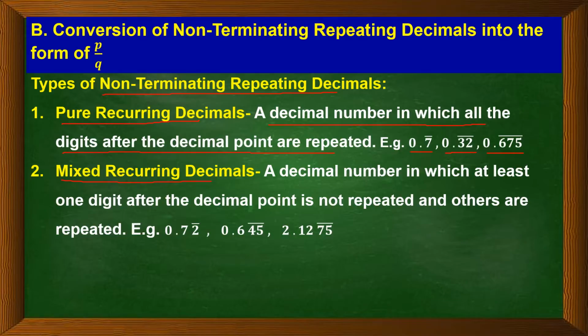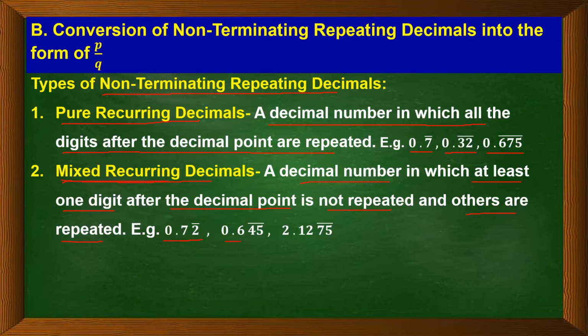Now what is mixed recurring decimal? A decimal number in which at least one digit after the decimal point is not repeated and others are repeated. That means at least one should not be repeated. So those decimals are known as mixed recurring decimals. For example, 0.72 bar. Now under the bar we have only 2, 7 is not repeated.